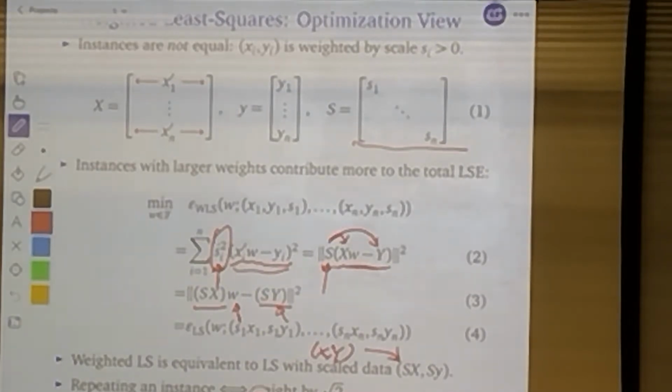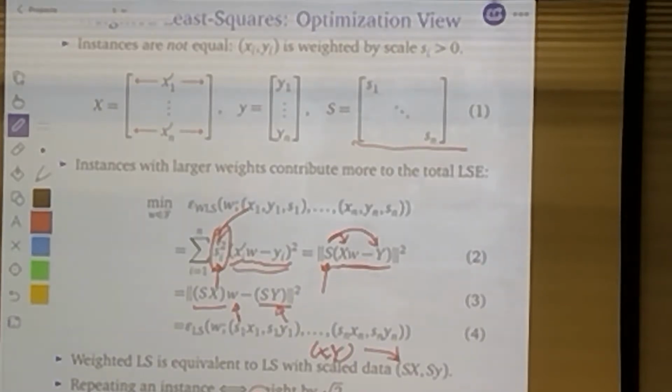So the corresponding scale here will be square root of 2. That's just the criterion itself. By the same token, if the weight is, say, 3 or 4, or any number, you can think of it as just repeating the same instance for some fractional number of times.